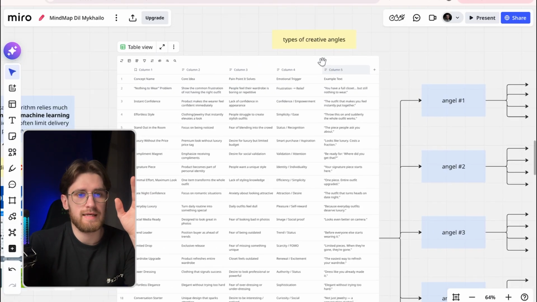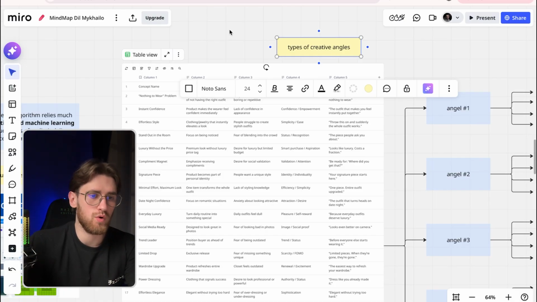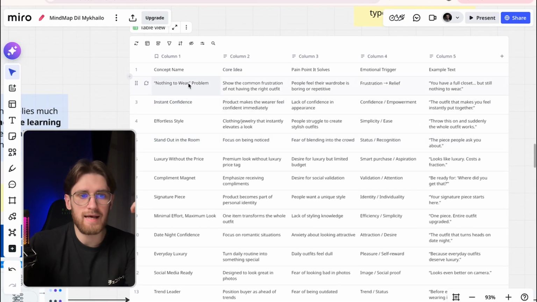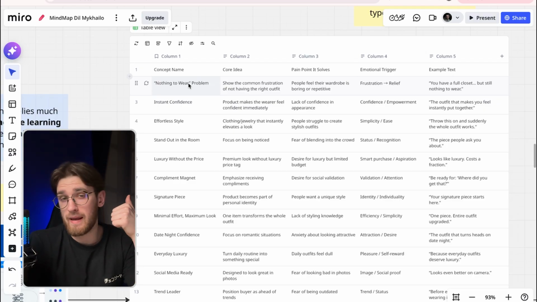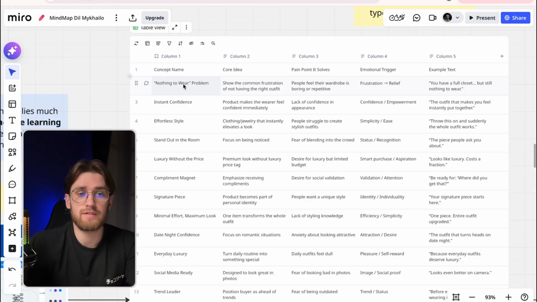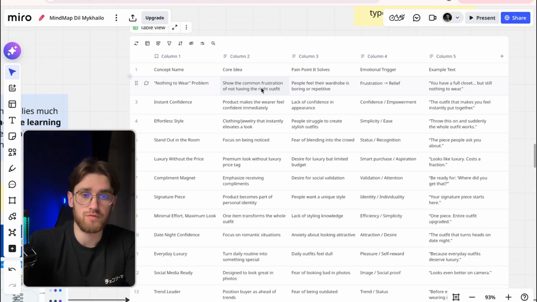Right here are different types of creative angles. You can work, for example, the nothing to wear problem. This is one angle. You can make, for example, 5, 7, or 10 creatives even for the nothing to wear problem. It shows a common frustration of not having the right outfit.